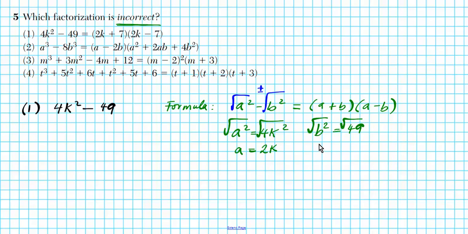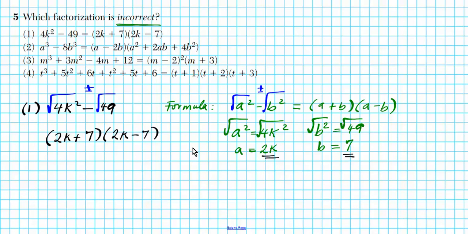Square root of b squared is b, and then square root of 49 is 7. So what we're going to do is take the square root of the first and last, express it as a sum and difference. Okay, so we're going to have a plus b, 2k plus 7, times a minus b, 2k minus 7.